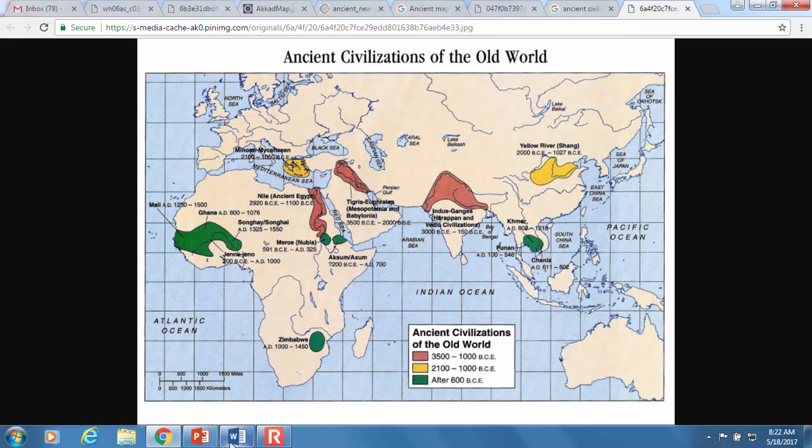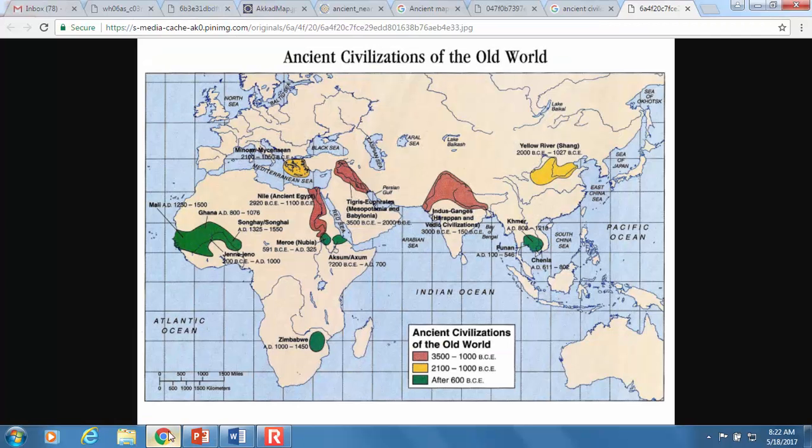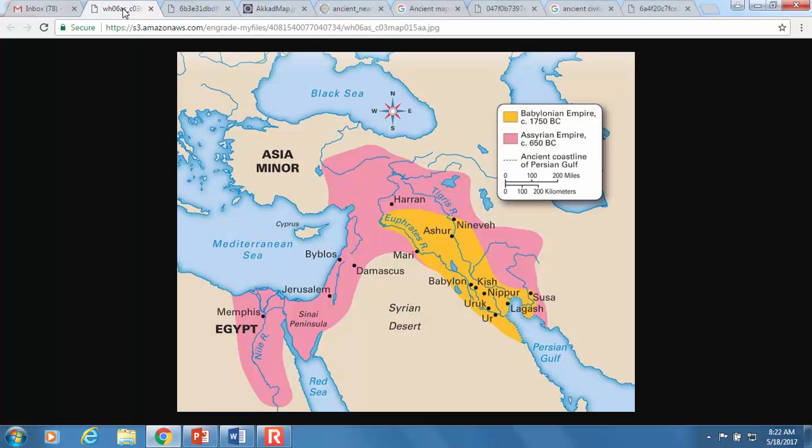All right, so going back to the outline here, we're going to start with your Hittites first. Okay, and the Hittites, where did they have their civilization? The Hittites created a powerful civilization here on this piece of land known as the Asia Minor. Okay, this is the Asia Minor.